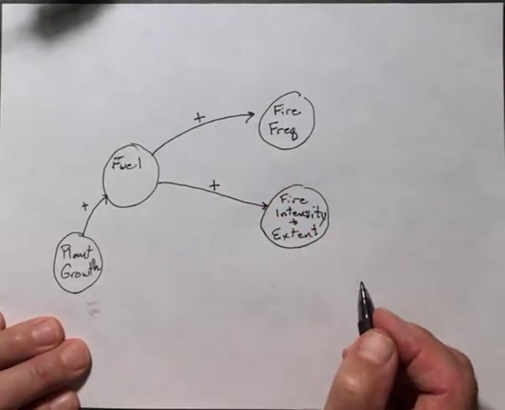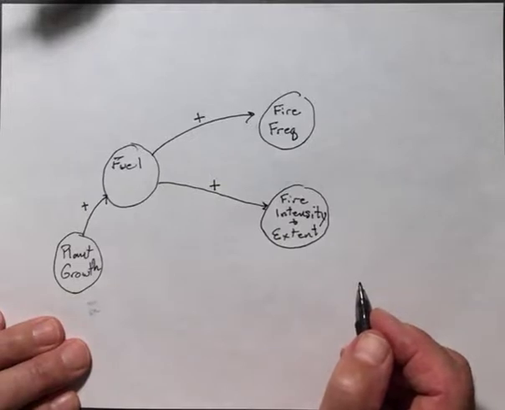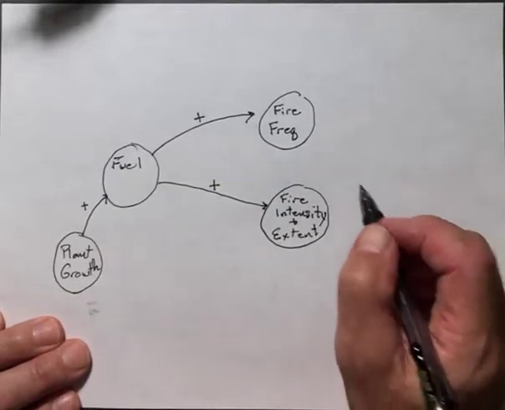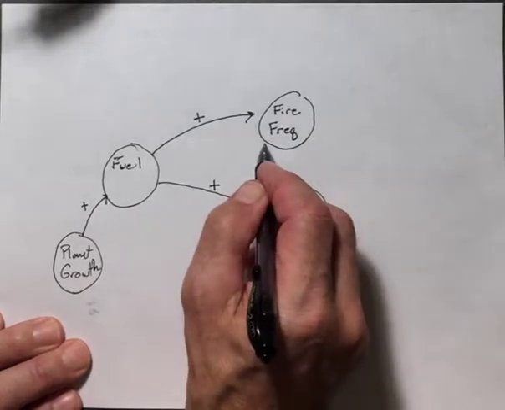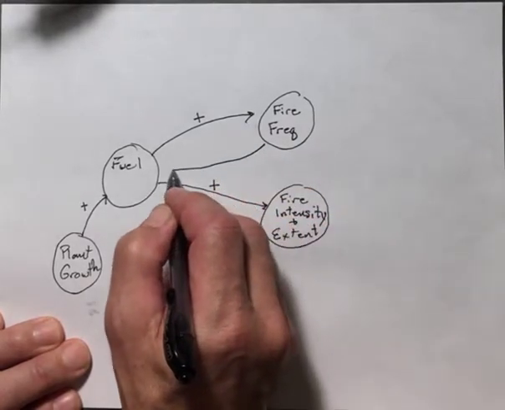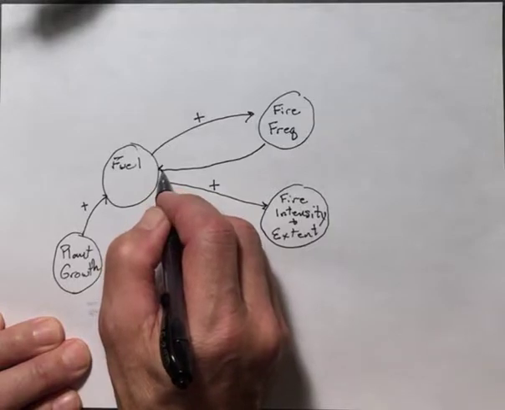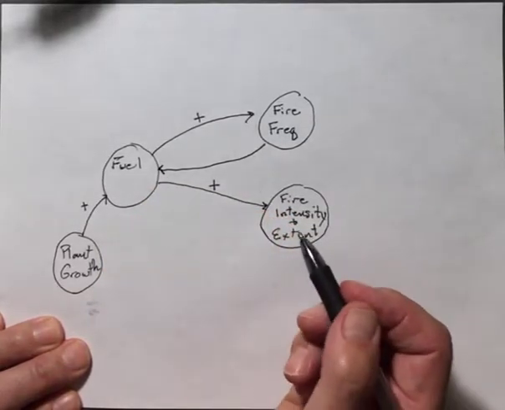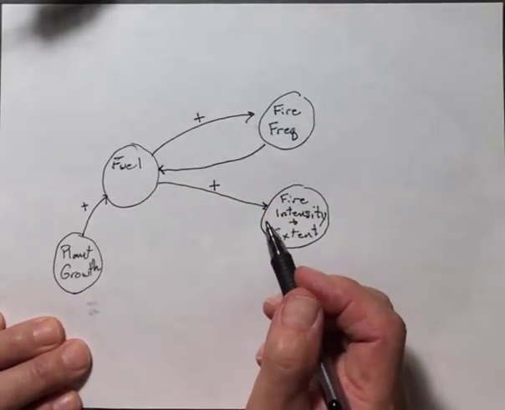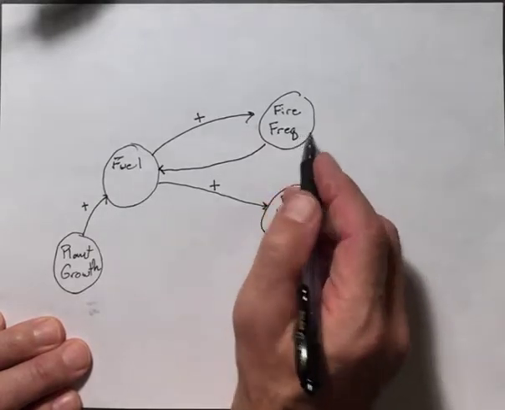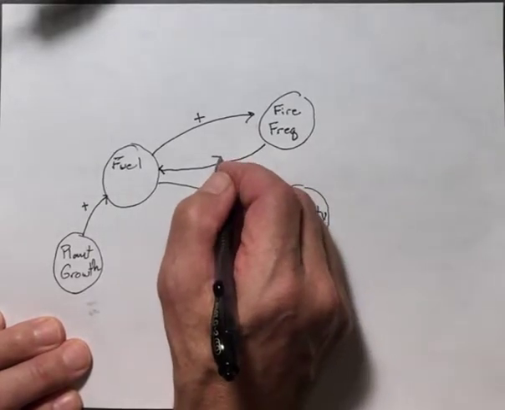Now, there's a really important thing going on in fire systems, and that is that the more often you have fires, the less fuel there is, because once you have a fire, some of the fuel is gone. So fire has a negative effect on fuel load.